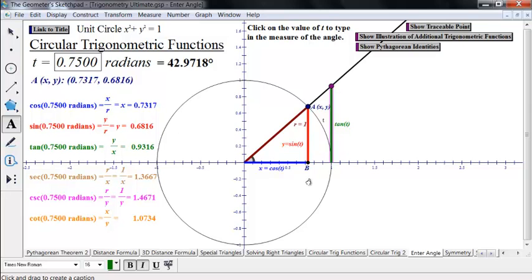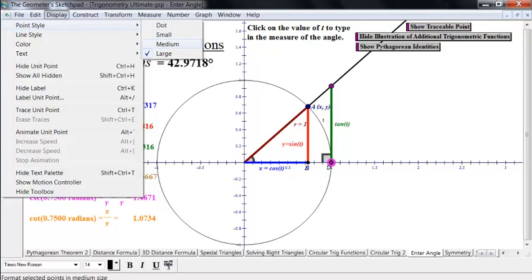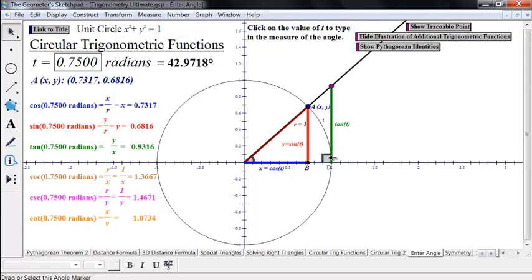Okay, how can I convince you of that? Well, look here. This is a right angle right here. Let's see, we need a point there. Okay, now make that point a little bit smaller. Okay, and so we have a right angle there, so we have a right triangle.